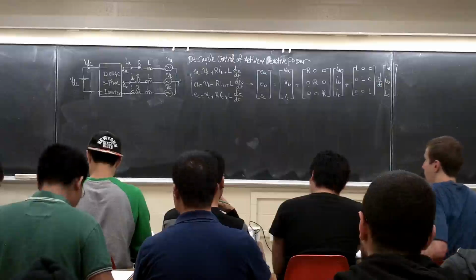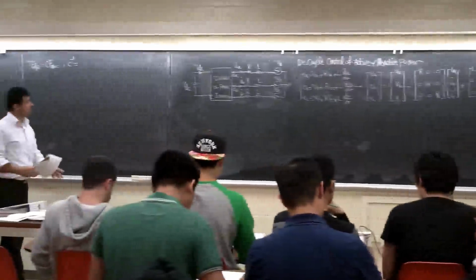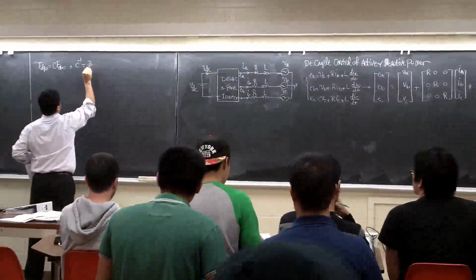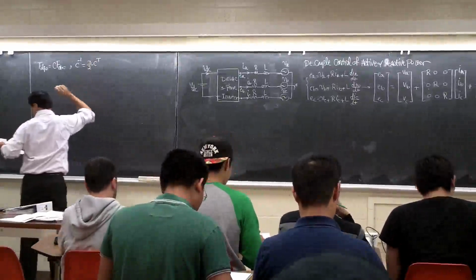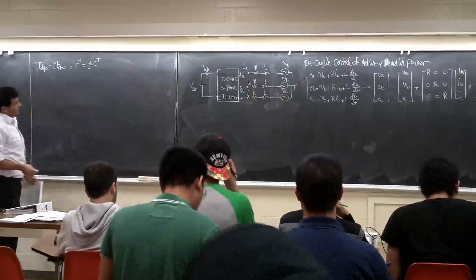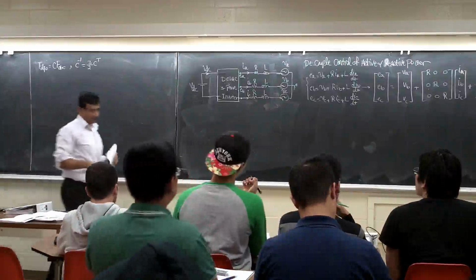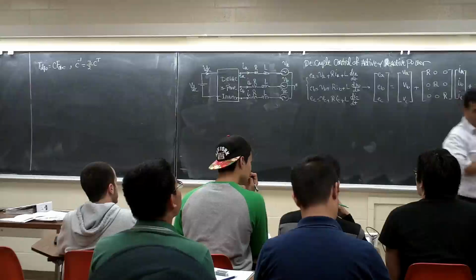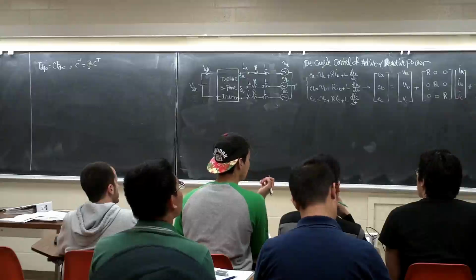Now, we said C minus is 3 over 2 C transpose, we had that one. So keep this in mind. Now let's go back over that. I want to move all my equations from ABC to the DQ system.